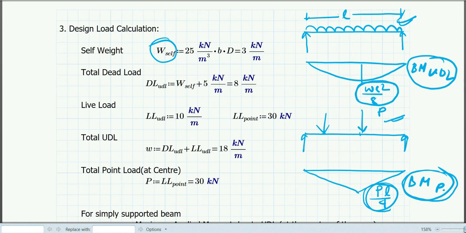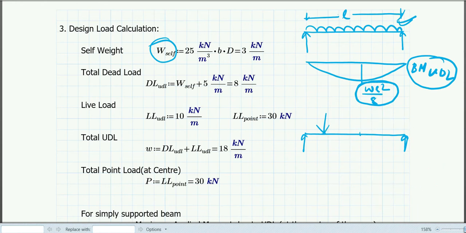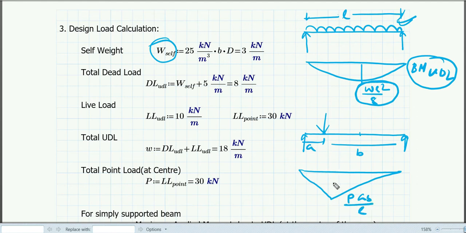Suppose here the point load is not at the center, then the bending moment diagram will be such that the triangle will shift, right? And this is P, if this is A, this is B, this is PAB by L, right? So this is the maximum, but the maximum moment is acting at the distance A, or you can say at the point of action of the point load.